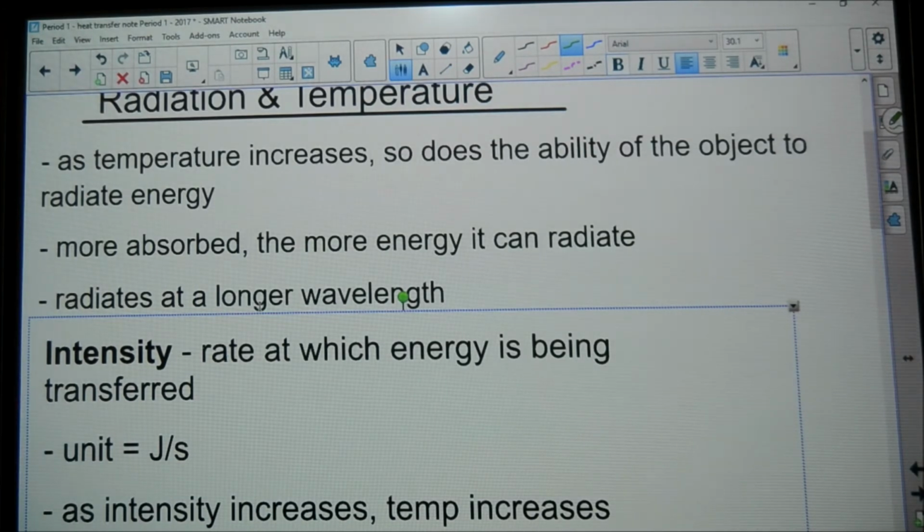What we just mentioned about visible light and then getting absorbed and re-radiated as infrared. Intensity is the rate at which energy is being transferred. My unit, joules per second. The greater the intensity, the higher my temperature.